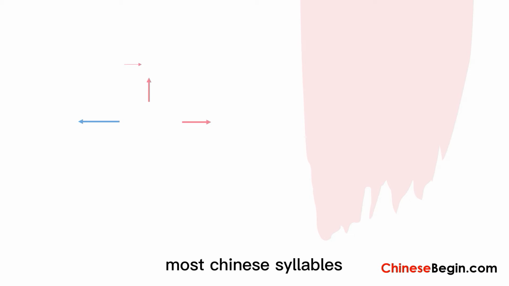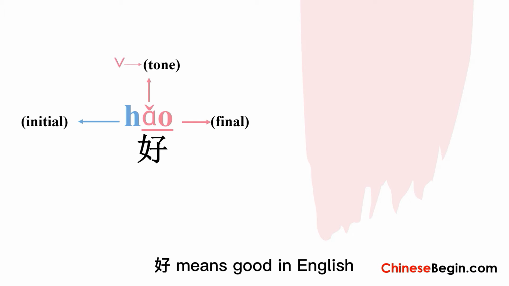Most Chinese syllables are formed by a combination of the initial, finals, and tones. For example, here is a Chinese character 好. 好 means good in English, and its syllable is composed of three parts. The first part is the initial. It looks like H in English, but here it's pronounced as h, h, h.